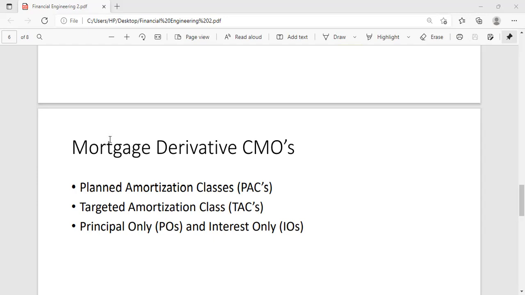These particular CMO tranches receive a specific monthly principal.